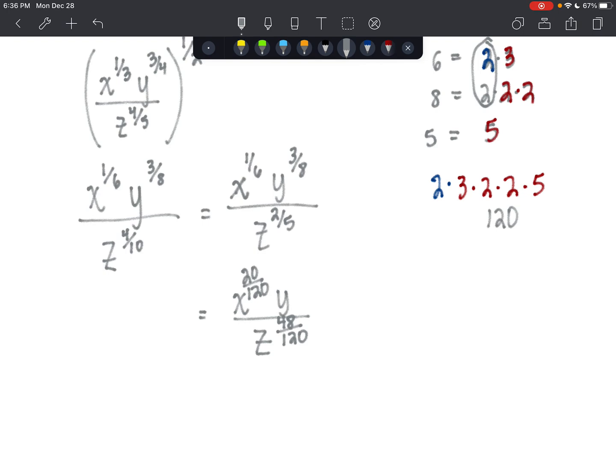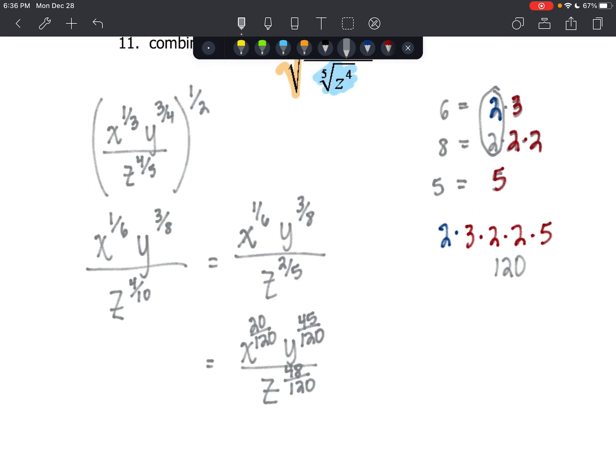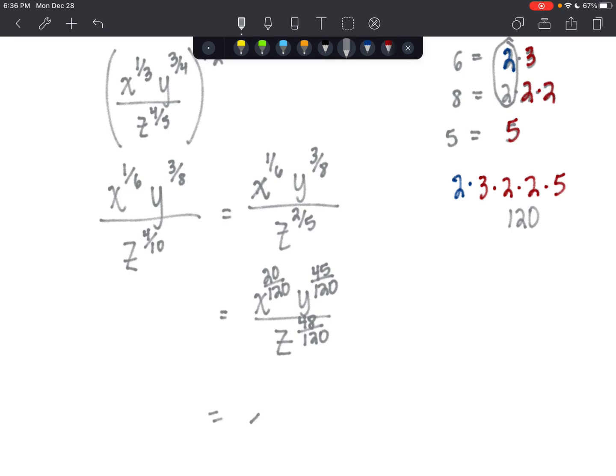And then 8 goes into 120 15 times, and 3 times 15 is 45. So 45 over 120. And now we can rewrite this as the 1/20th power, or 1/20th root of x to the 20th, y to the 45th, over z to the 48th.